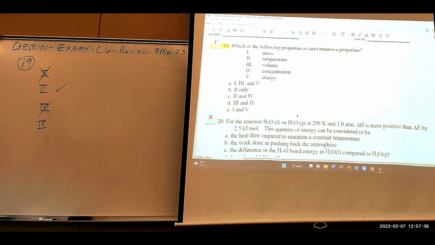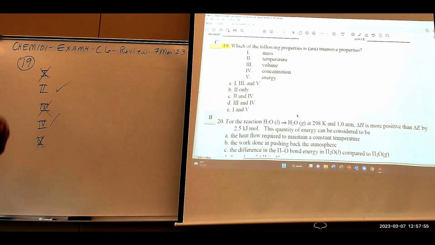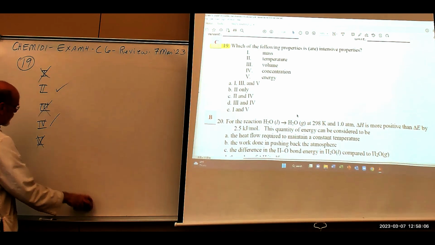So if you have a solution that's 1 molar, like 1 mole per liter, if you only have a half of that liter, you still got 1 mole per liter. So yeah, that one's true. And energy. No. Energy rises and falls with the amount. So there's only 2 of them, right? 2 and 4 are intensive properties.